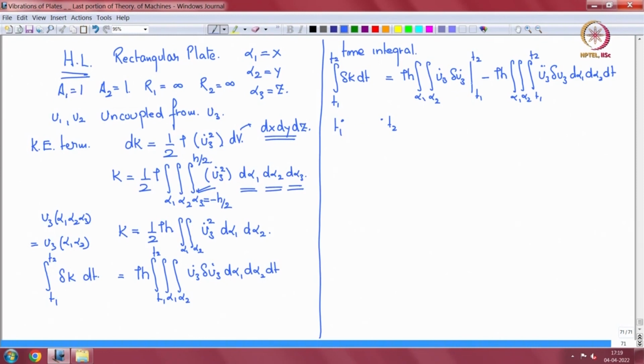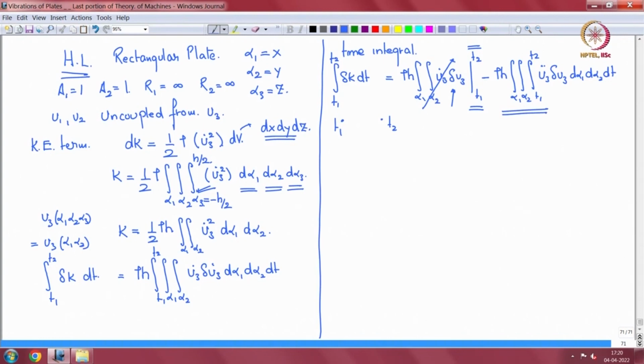I am sorry, this should have been delta u3, not dot. Delta u3, this is the first term. The variation of u3 is 0 at t1 and t2 because it is specified, and so this temporal term goes to 0, and we are left with this here.